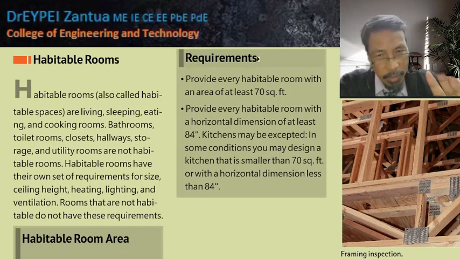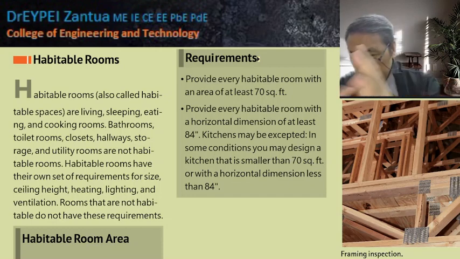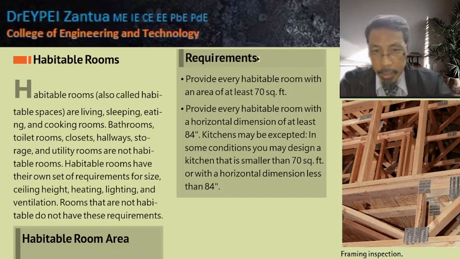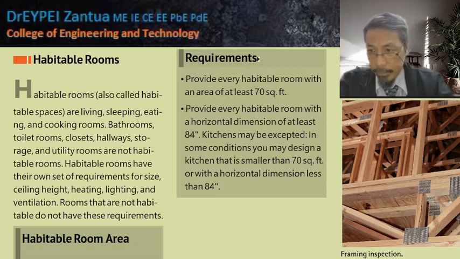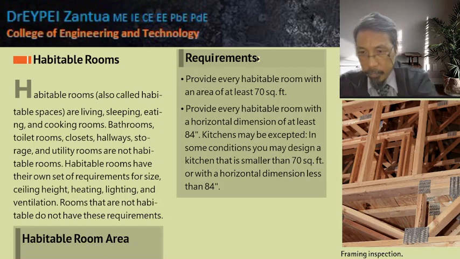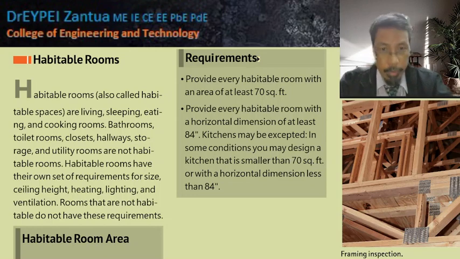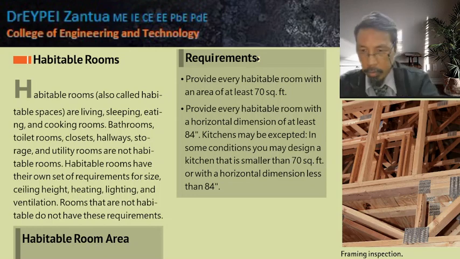This is the requirement for the United States of America. So in our country, we are using square meters. If we convert this, 70 square feet is about 7.8 square meters.